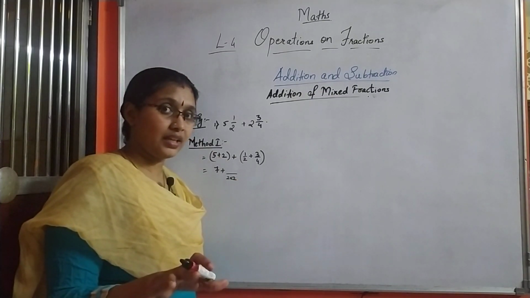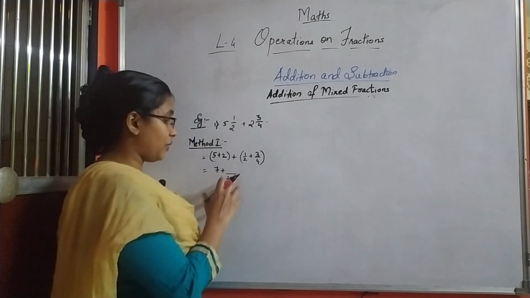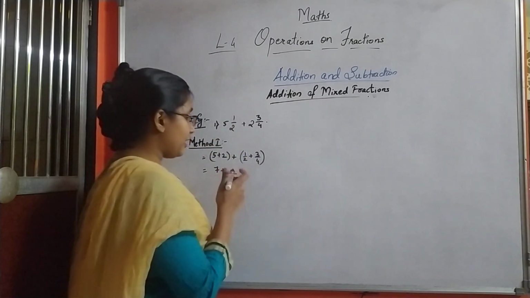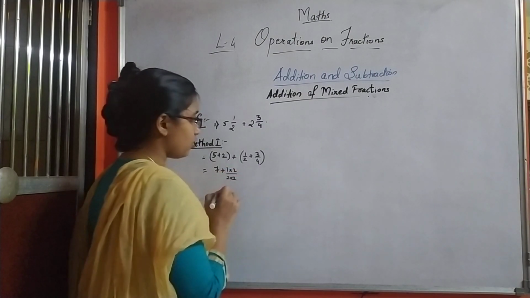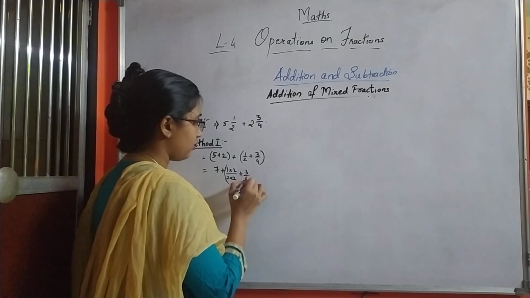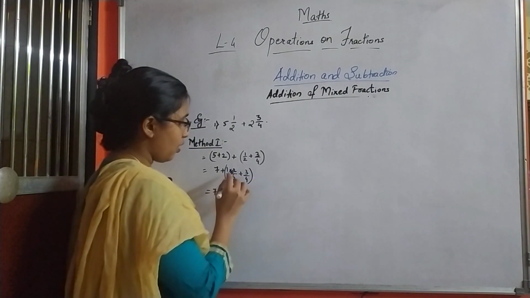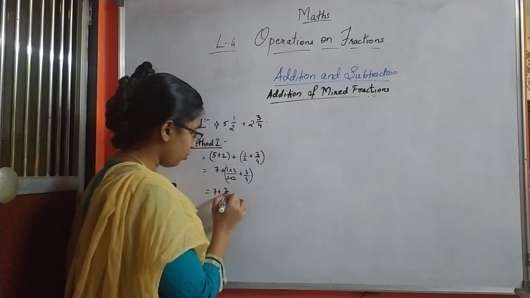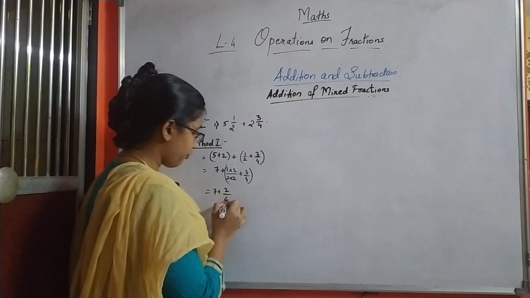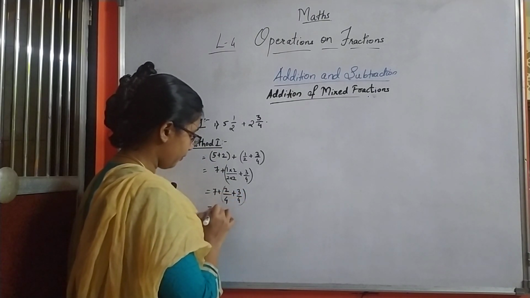As per the rule, if I multiply any number in the denominator, I have to multiply the same in the numerator also. So 1 into 2, put a bracket. Now 7 plus 1 into 2, 2 2s are 4, plus 3 upon 4.